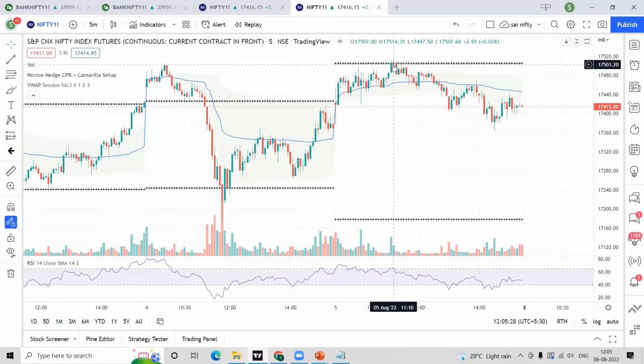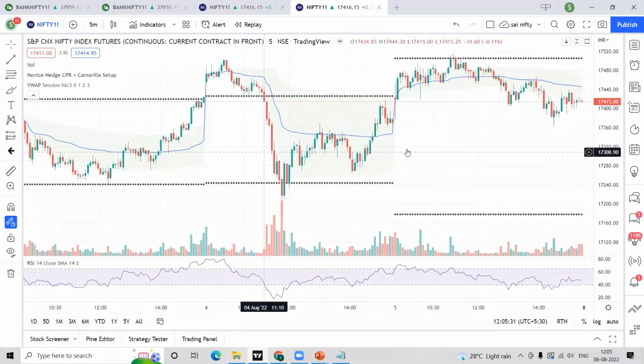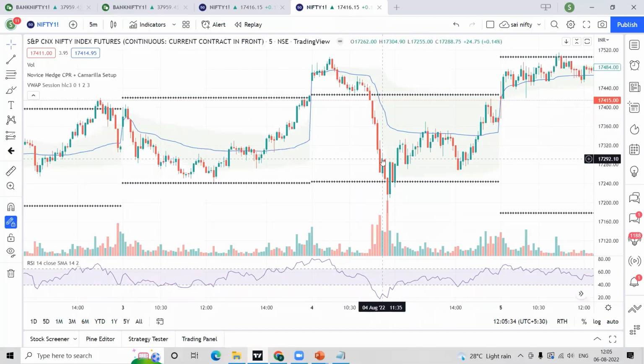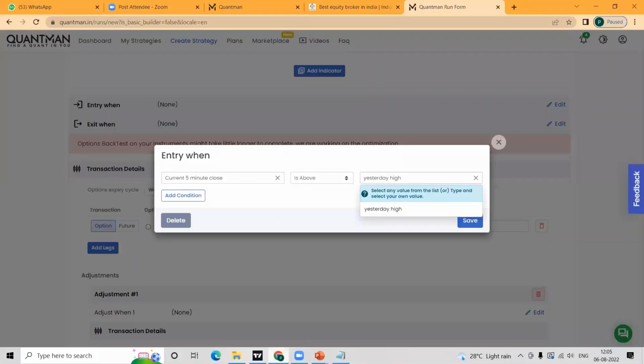So previous day high acted as a resistance yesterday. Imagine today is Thursday, and this is the previous day high. Whenever the 5 minutes candle close price is above the previous day high, then only I am going to take the trade. This is the number one condition.